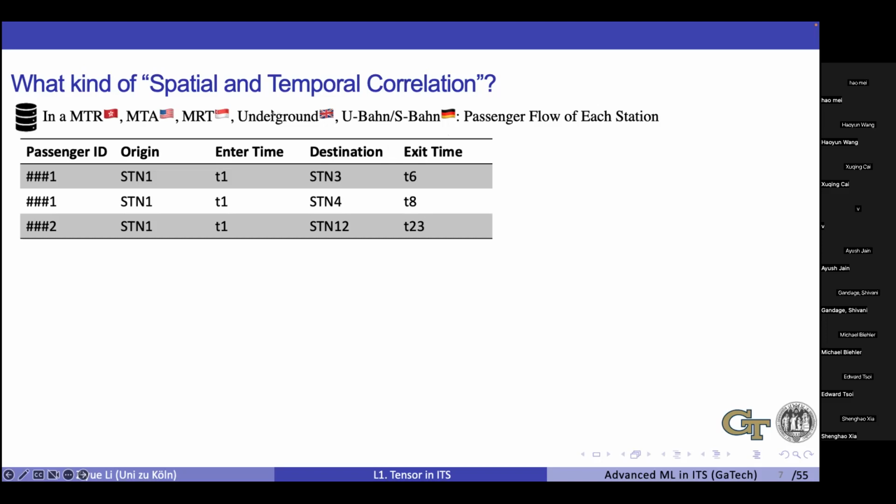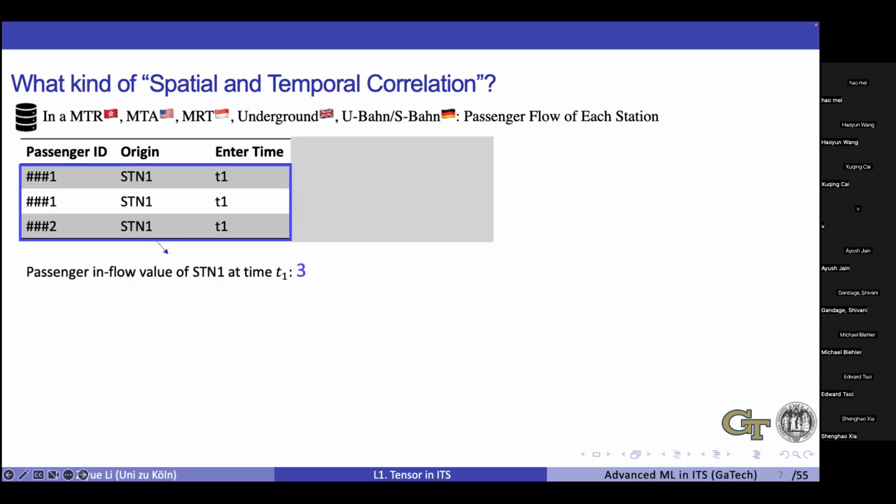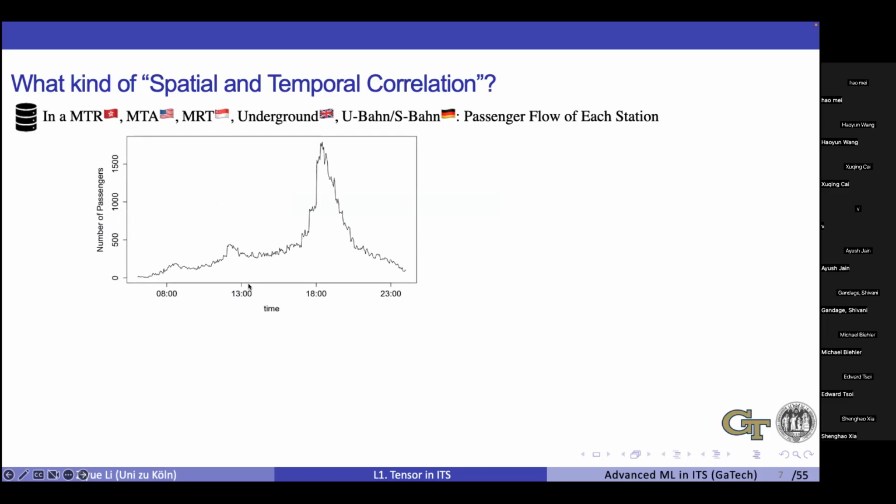So far, let's just focus on the entering, so we ignore this part first. If we only focus on the inflow value of station 1 at T1, it's 3. And if we look through 24 hours, then we can get a nice plot for this station 1.